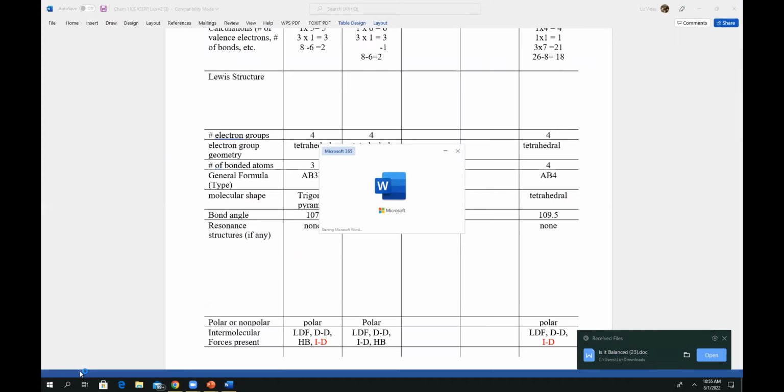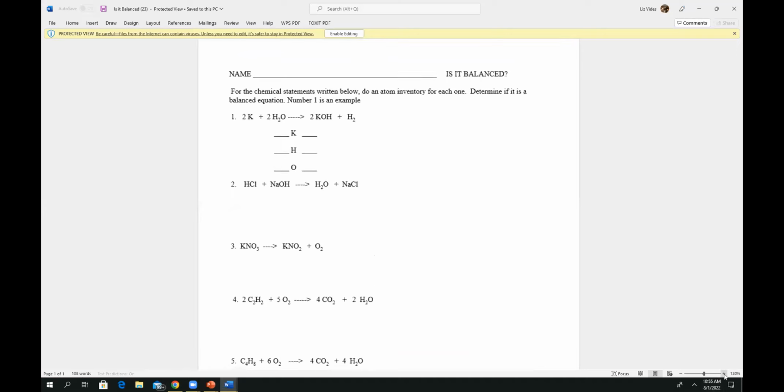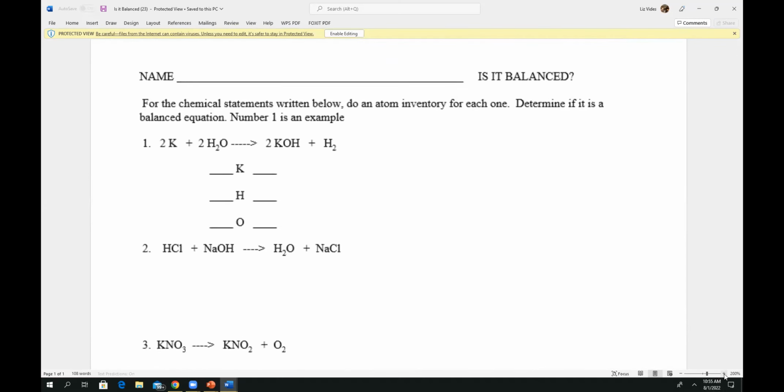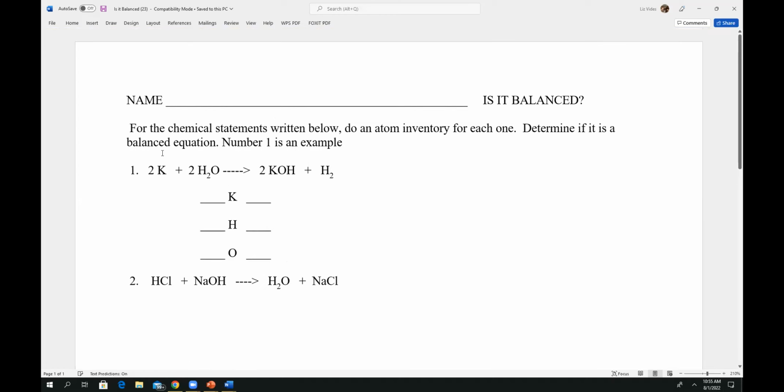If we have an equation, we first have to know some terminology. All right. And this right here, this side, I'm just going to write it up here. This side right here is known as the reactants.